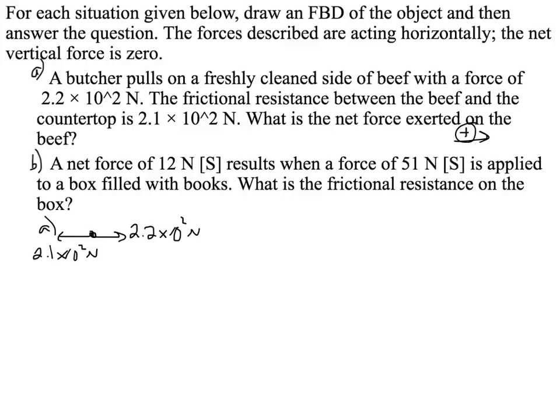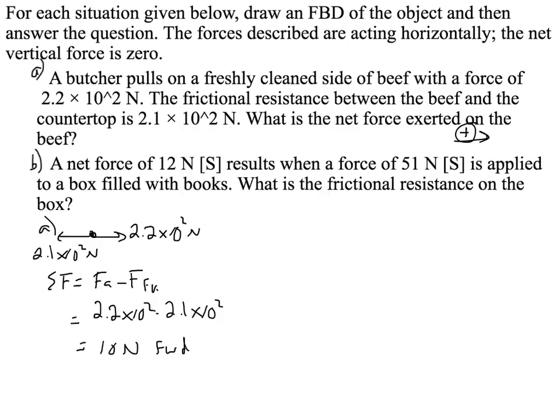Well, it's quite easy. The sum of the forces is going to be Fa minus F friction, in this case kinetic friction. Therefore, the sum of the forces equals 2.2 times 10 to the 2 minus 2.1 times 10 to the 2, which equals simply 10 newtons forward.